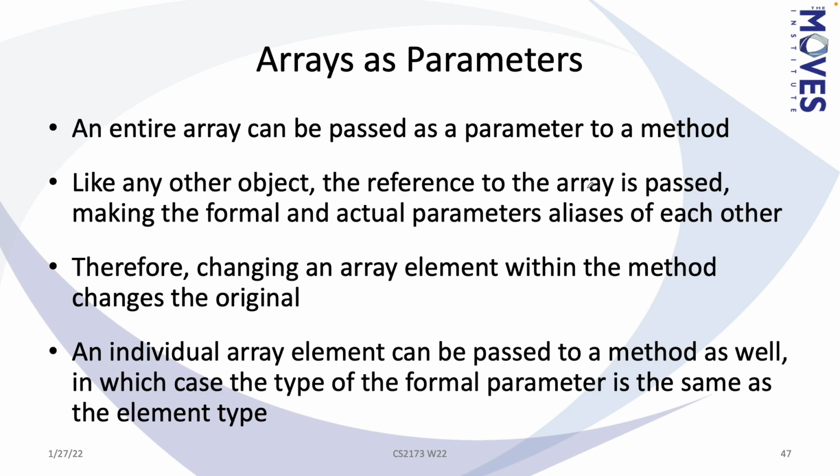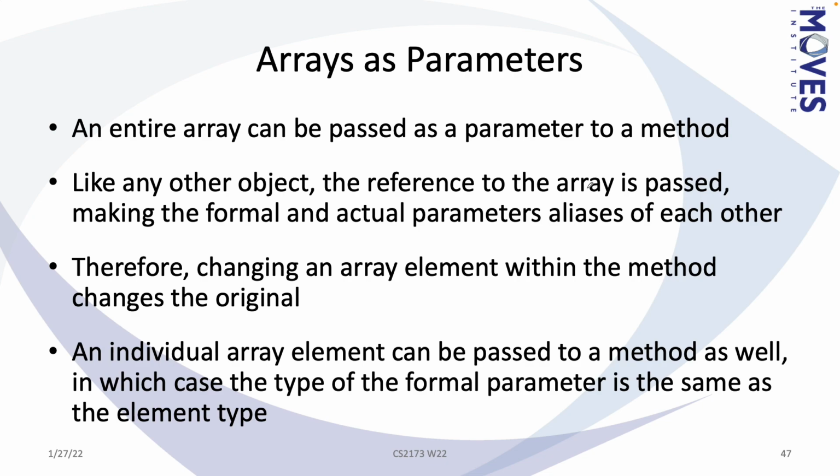If I invoke a method inside that method on that object, then it will do whatever that method does. And if that method changes the state, so for example, if I pass a die object to a method, and inside that method it invokes roll, then it will roll that die that I passed in.